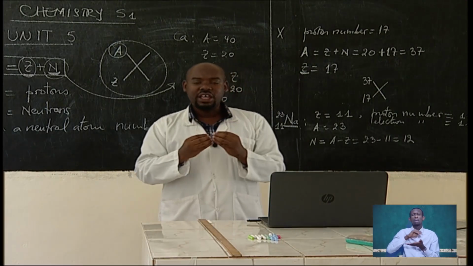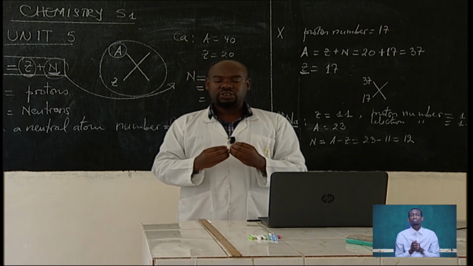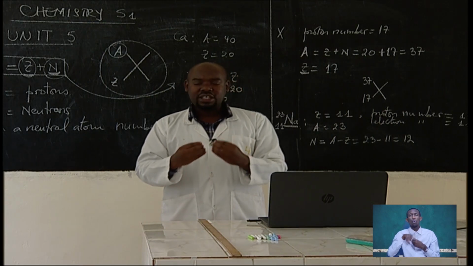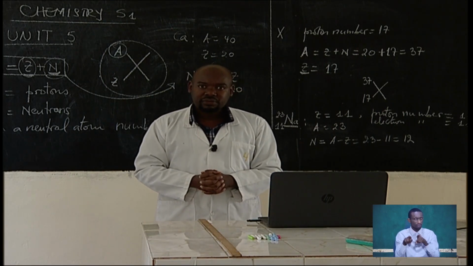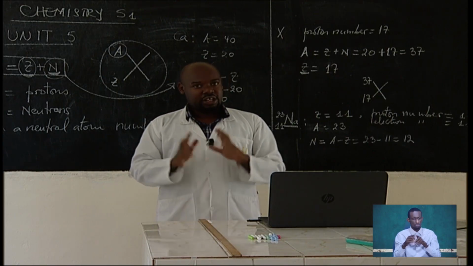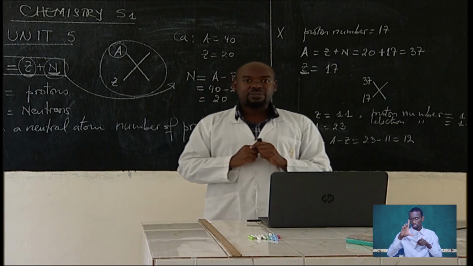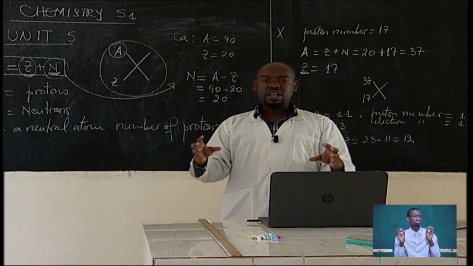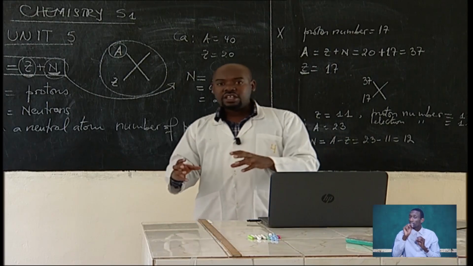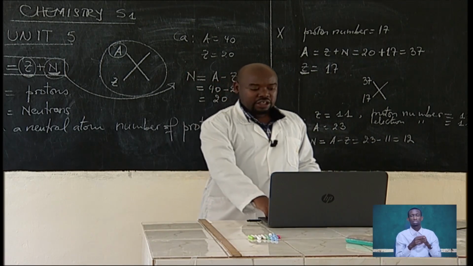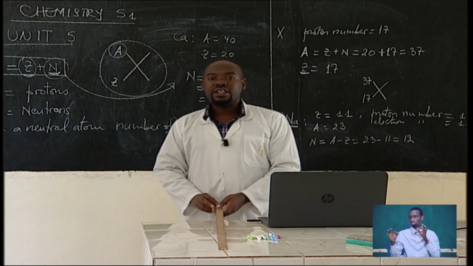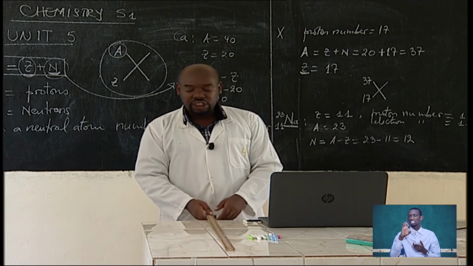But do you think that all those electrons are located at the same distance from the nucleus? No, it's not like that. Different electrons are located at different distances from the nucleus, and those distances are the ones we call electronic shells.